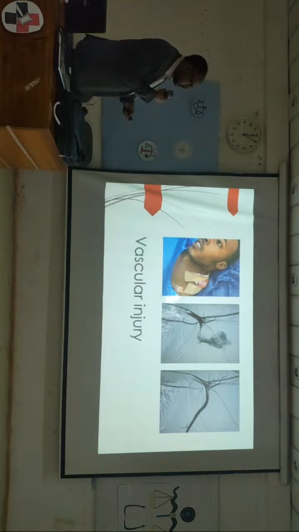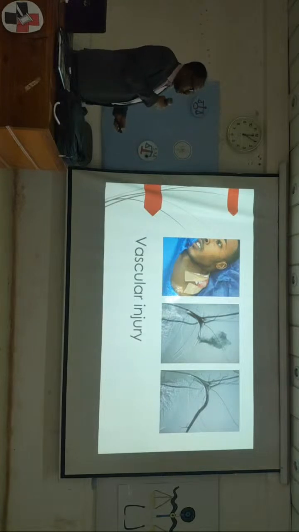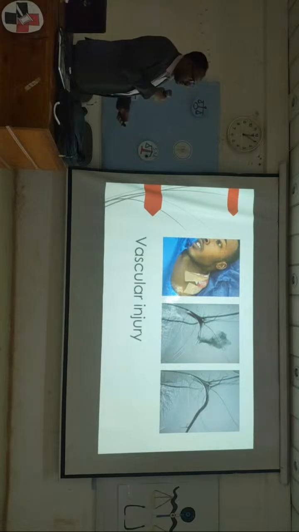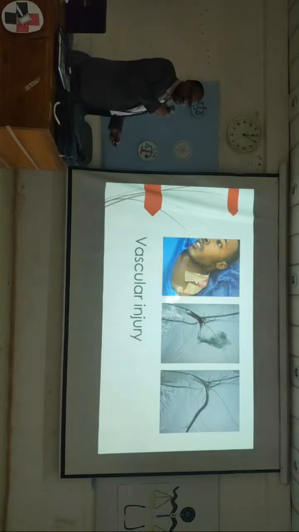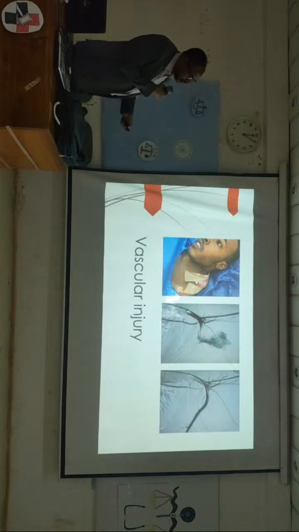Another, this is also how to control bleeding from an injured artery. This patient experienced a stab wound and he bled a lot. In this area below the clavicle, if you want to go for surgery, you want to do thoracotomy to find the subclavian artery and to treat this abnormal bleeder site, pseudoaneurysm.